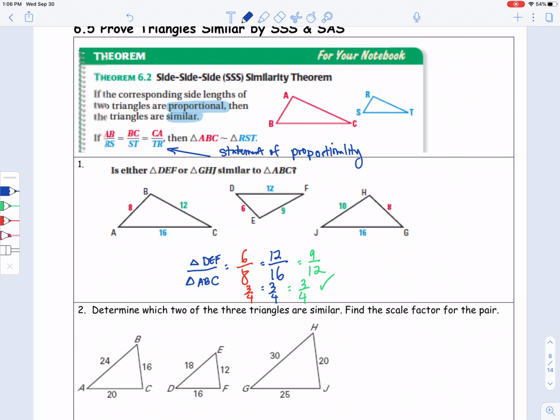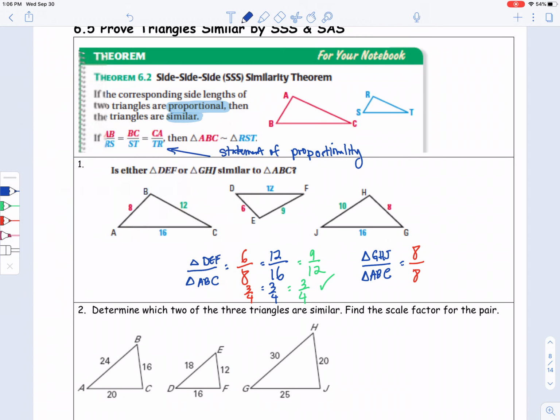We're going to do the same thing for triangle GHJ. So triangle GHJ at the top, and again we're comparing it to the original shape, which was triangle ABC. Okay. Looking at the red side, I have 8 for triangle GHJ over ABC is also 8.